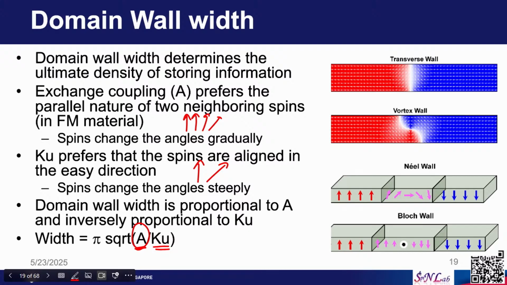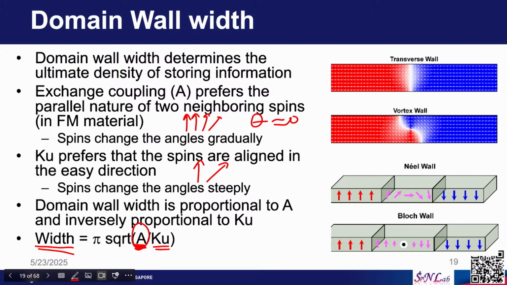So, if the transition from one spin to the other, the theta, is very close to 0 and changes slowly, then the exchange energy will not be high. So, what exchange energy does is make the transition very large. That is why the width is proportional to A.